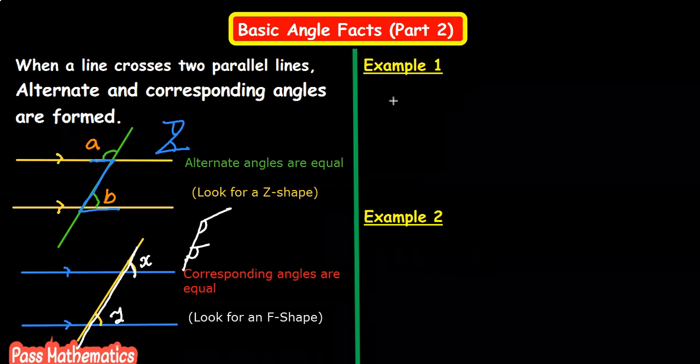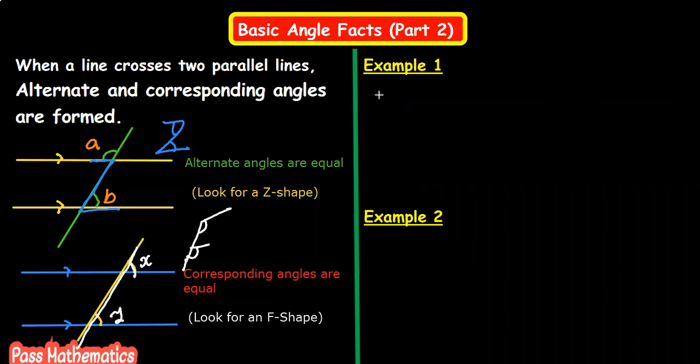The first one, let's say we have this, and then a transversal line cuts across it.